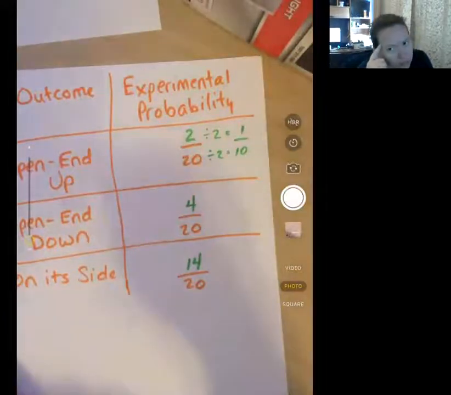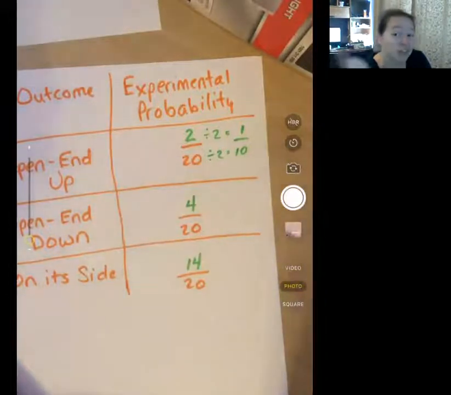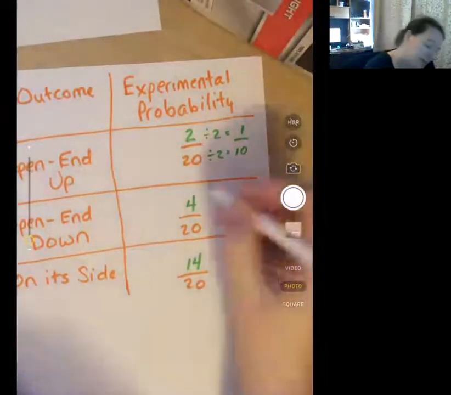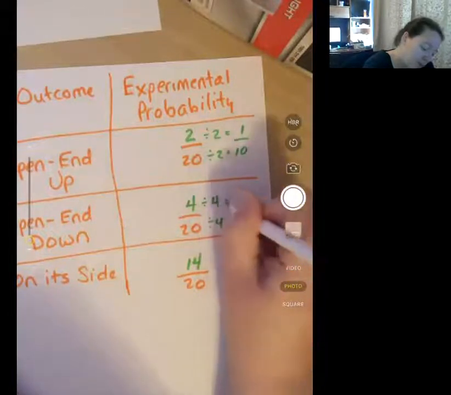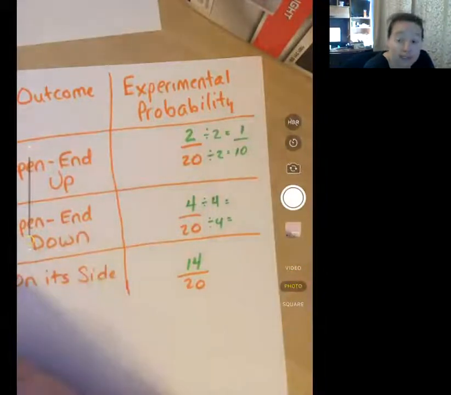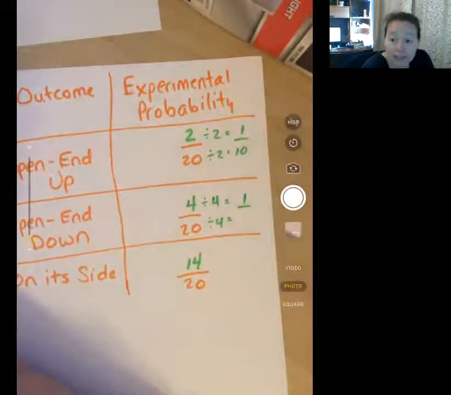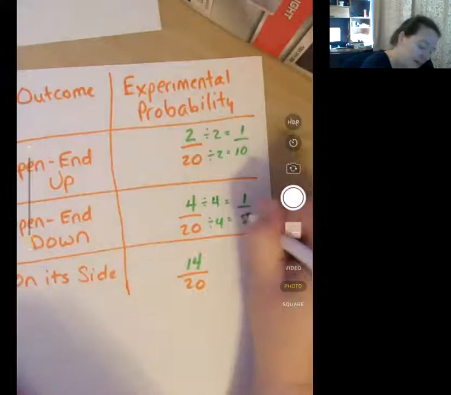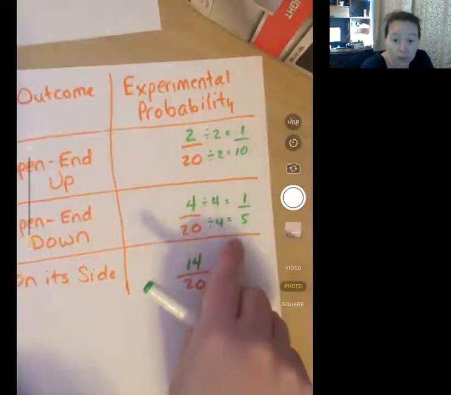But I know that 4 goes into 20, so I'm just going to take out the 4 to begin with. I'm going to divide out a 4 and divide out a 4. 4 divided by 4 is 1. 20 divided by 4 is 5. All right, so we now have 1/10. We have 1/5.